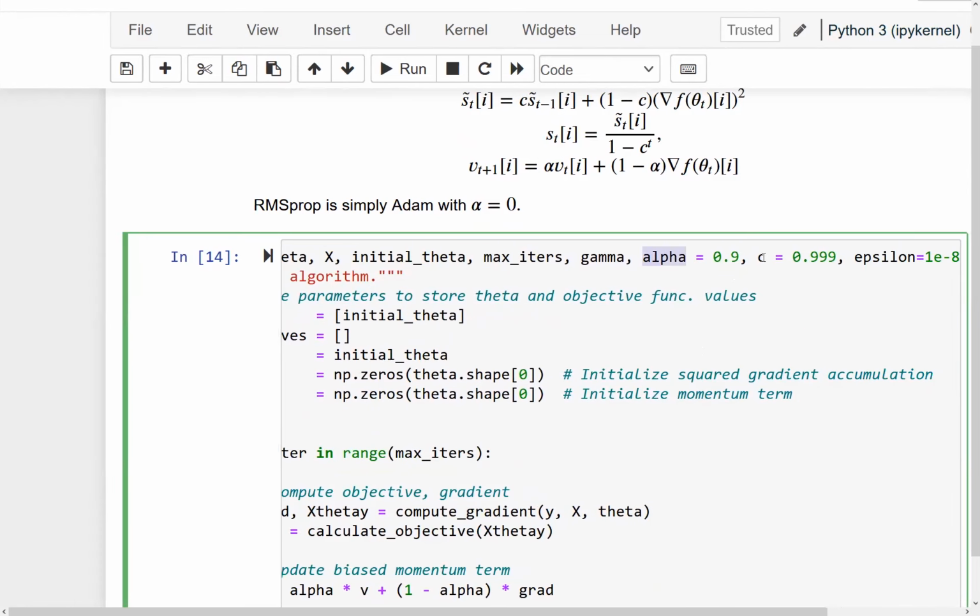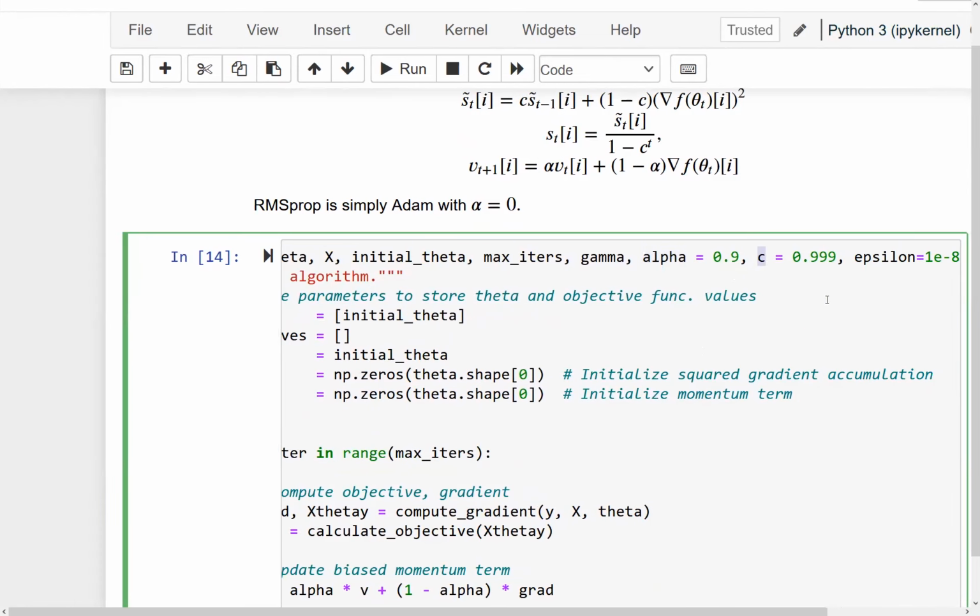So we have this alpha decay rate, this c decay rate, with the default parameters suggested by the Adam people. Essentially, what we did for Adagrad is also useful for Adam.